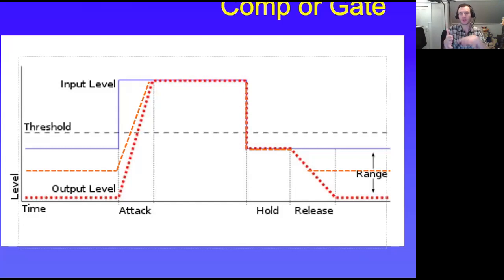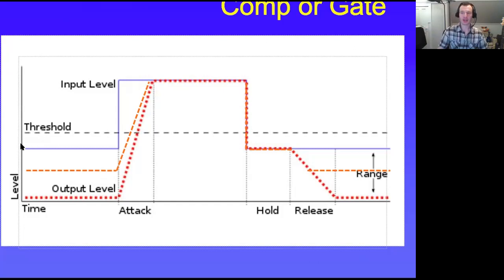So if your sheep are still running around in the pen, it's irrelevant because the gate is closed. But as soon as they decide to push through and get really loud, then your audience can hear them. And that gate will remain open as long as they're out there grazing. That's a physical representation of how a gate works, the way that I like to think about it at least. And it's cute because sheep.